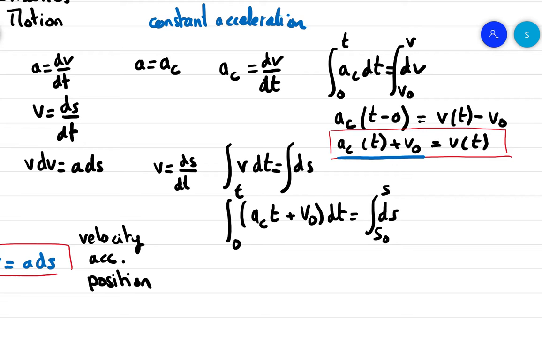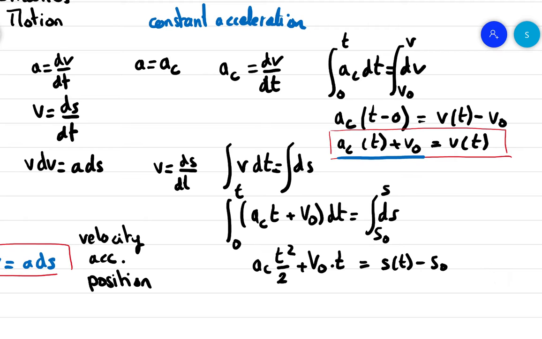So we need to take the integral of this one. So we have a_C t squared, no, let me do one step at a time. a_C t squared divided by 2 plus v naught times t, and this is between 0 and t, so that's only this. And it's equal to s of t minus s naught. The integral of ds is just s.